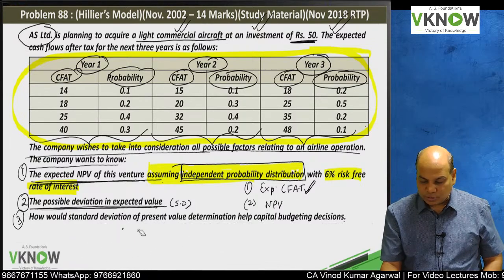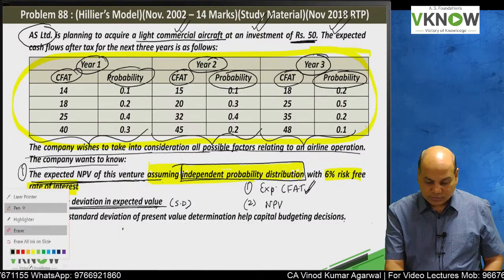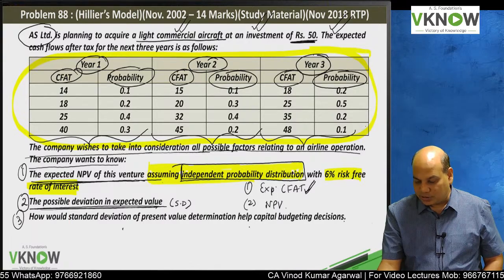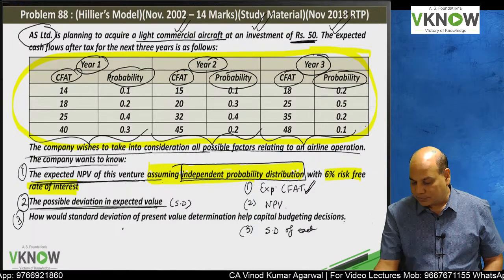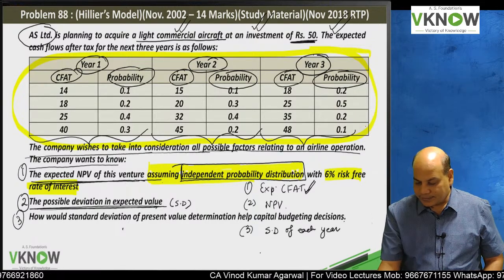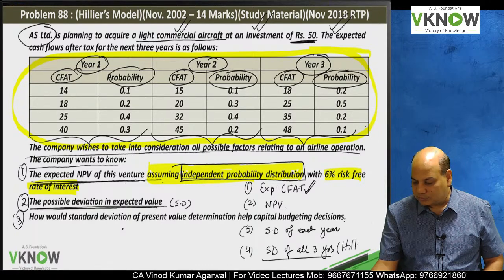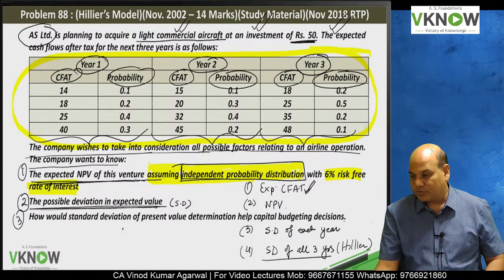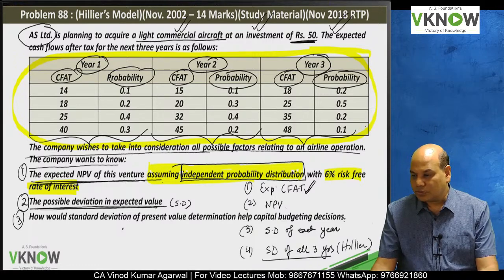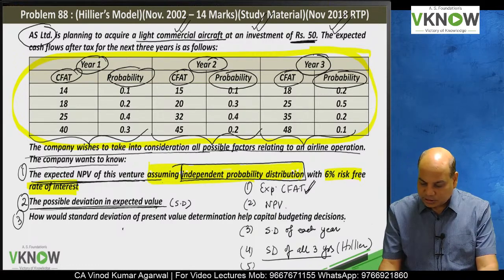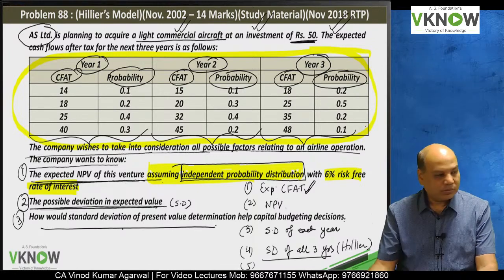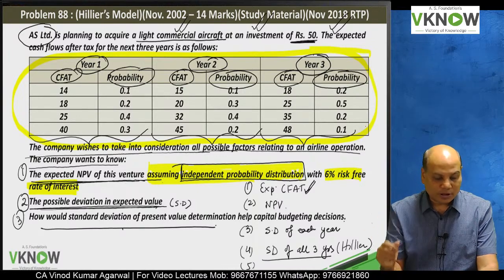First I will compute expected CFAT, then NPV, then standard deviation of each year, then I will compute standard deviation of all 3 years by applying Hiller model. Is it right? So this will be the answer. The theory question part is already printed in the book.